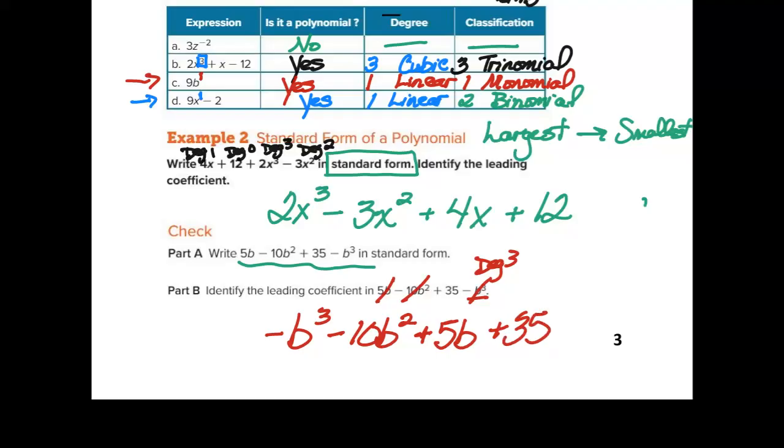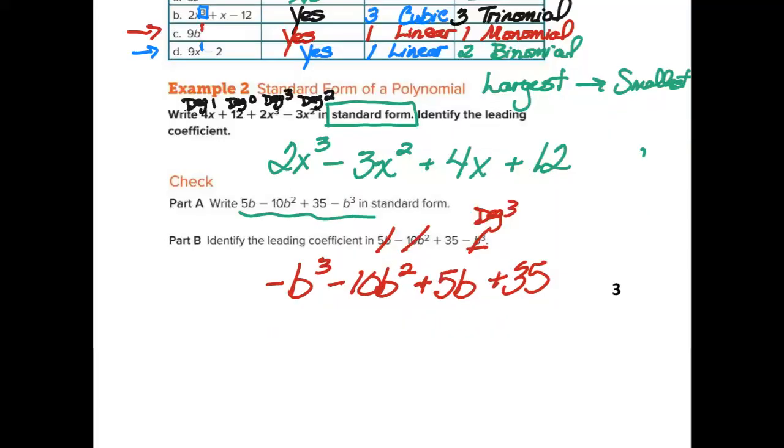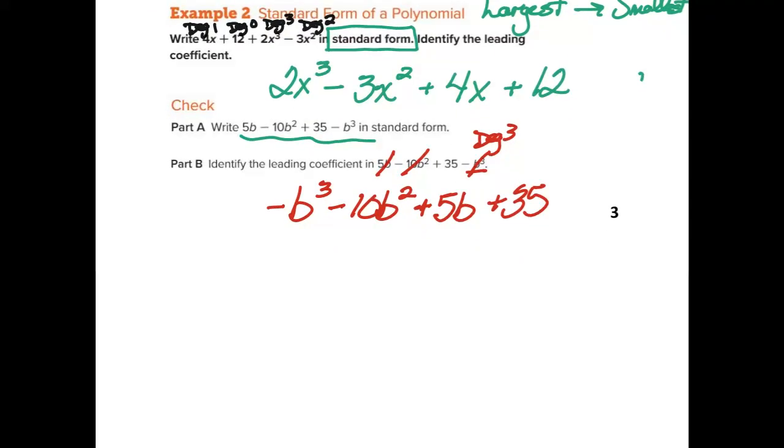So the next question says, what is the leading coefficient? Leading coefficient. And you have to make sure you have it in standard form before you get to the leading coefficient. So Isabel, what is my leading coefficient here? Can you take an educated guess?